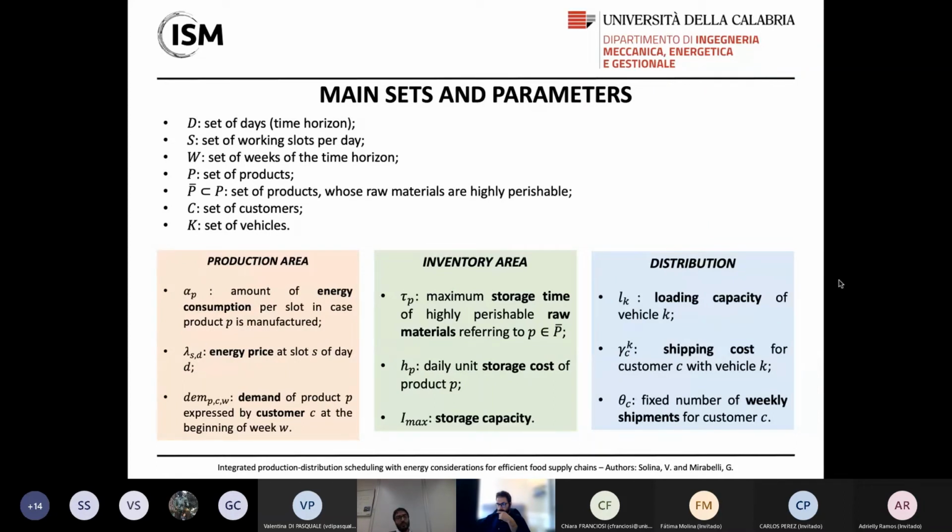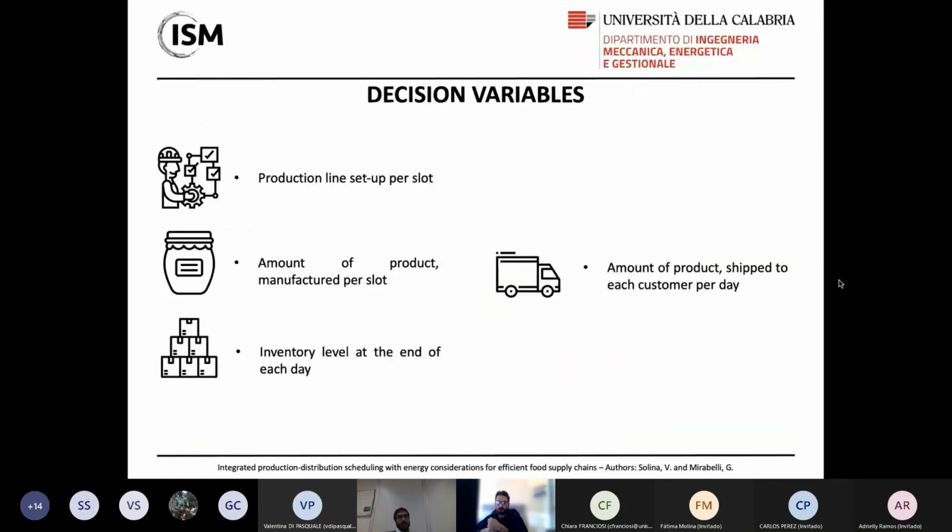About the inventory, we know the shelf life of the highly perishable raw materials. We know the storage cost. We know the storage capacity of the inventory. About the distribution phase, we know the capacity of the vehicles, that in general is different according to the vehicle. We know the shipping cost. We know that there is a fixed number of weekly shipments expected, imposed by the customers.